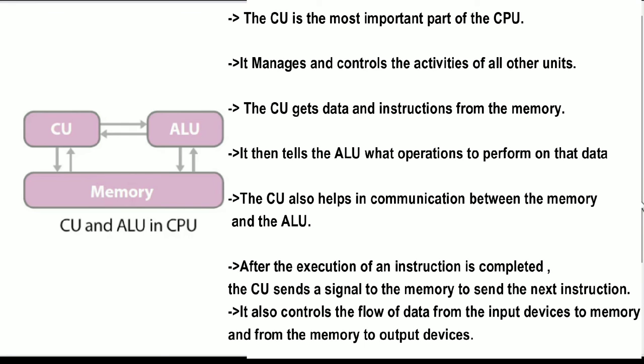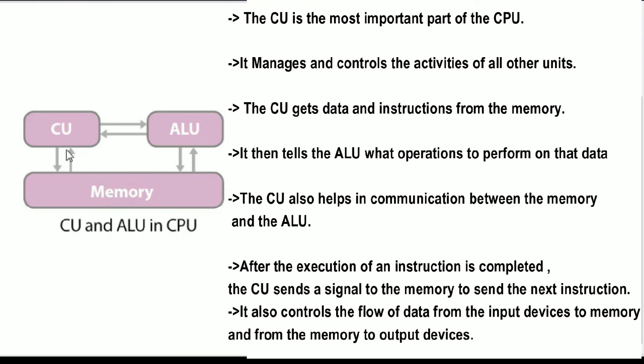After performing the operations, the control unit helps take the result to the memory, and after the execution of the instruction, the CU sends the signal to the memory for the next instruction. And if you want to see the result in an output device, the control unit will send the result to the output devices.